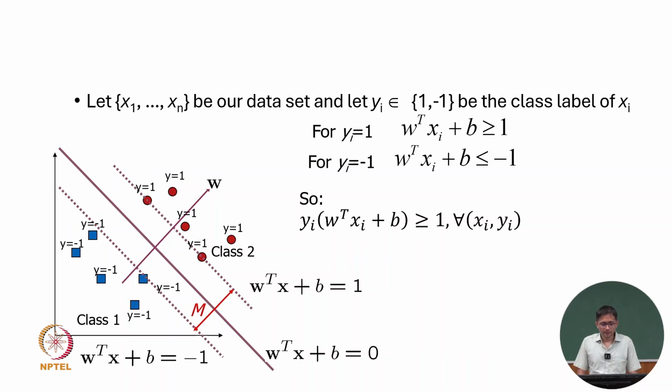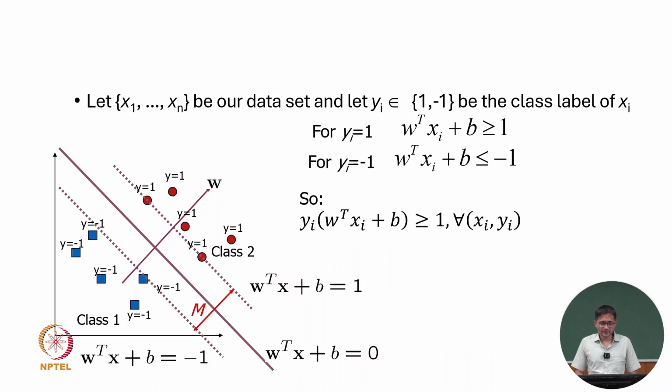At the same time, you have to understand that for yi equal to 1, we are always satisfying this equation: wtxi plus b is equal to 1 if it is on this line, or if it is on the other side of this line, then wtxi plus b is greater than 1. Which means yi into wtxi plus b is greater than or equal to 1.